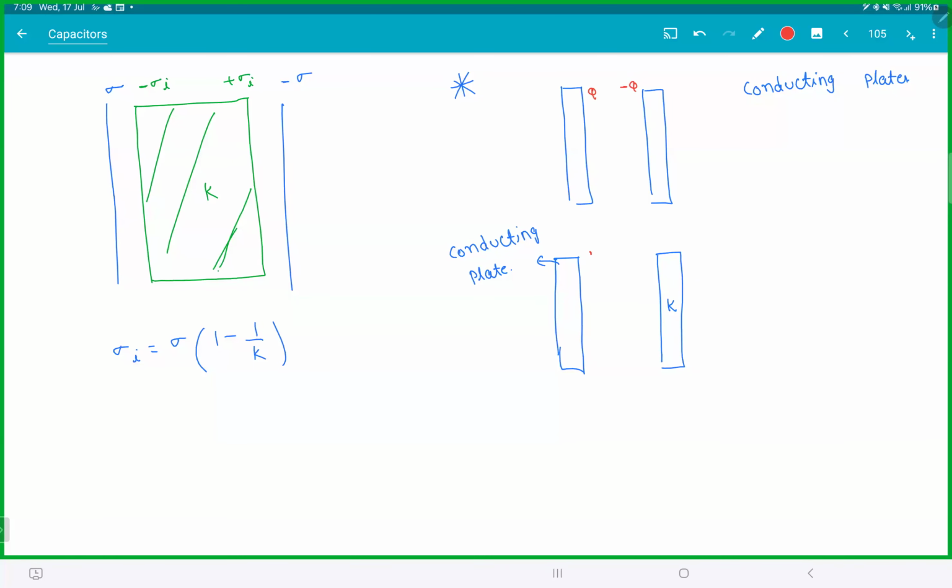So now if this would be Q, this charge here would be minus Q times 1 minus 1 by K. Make sense? So the opposite plates won't get the equivalent opposite charge, but something less if you put a dielectric plate. They can frame questions like this also on Gauss law. Just to give an example, you tell me what is the answer for this. It is straightforward after that.